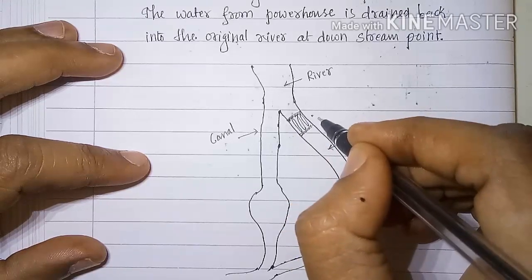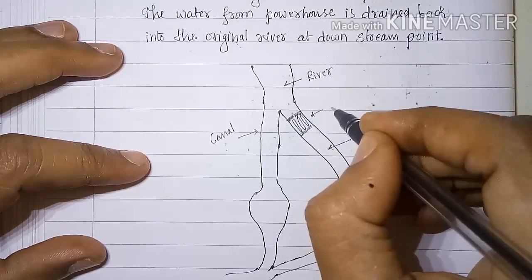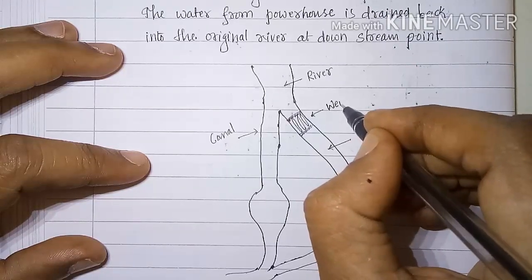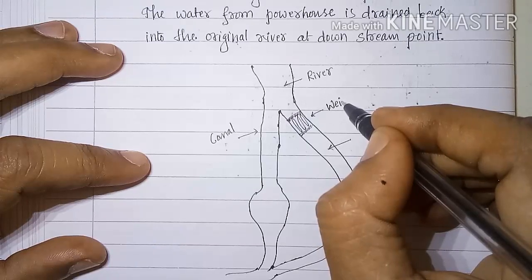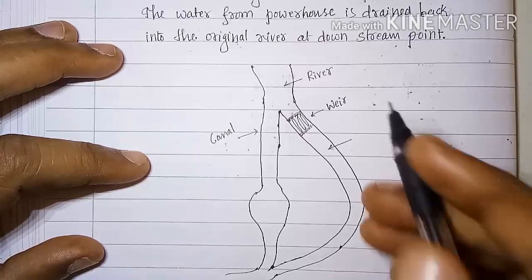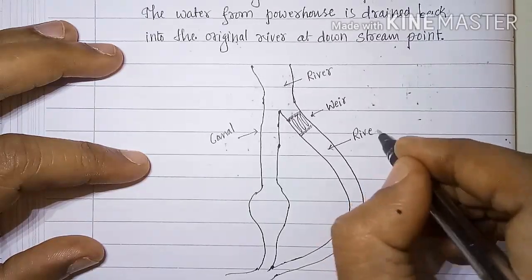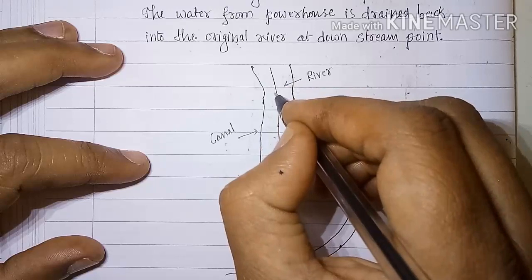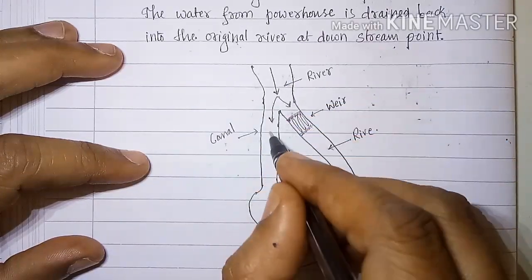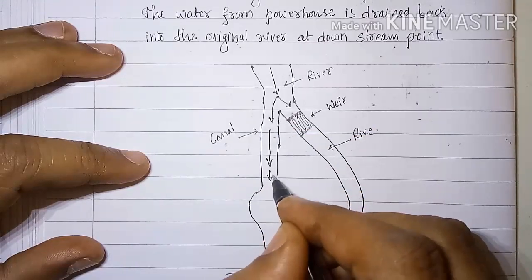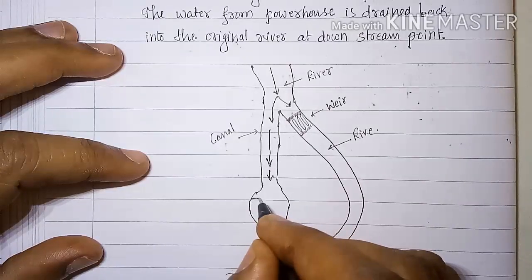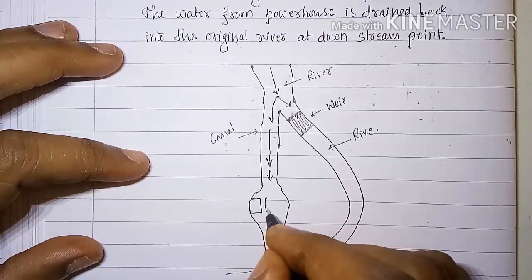Across this river, a barrage may be constructed, a small barrage which we call a weir. So the water that is flowing into this river will branch here, and the water that flows into the diversion canal will be used for generation of electric power.